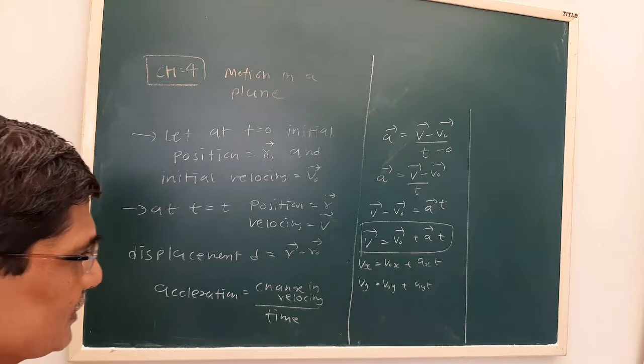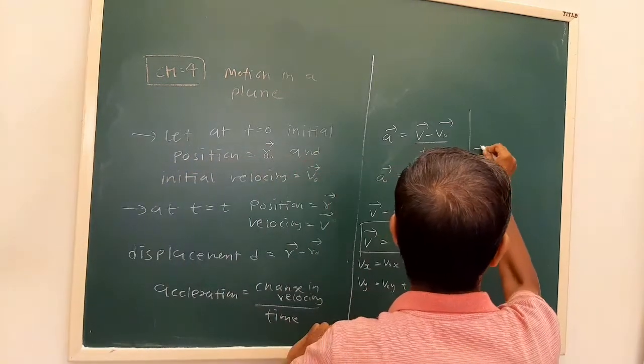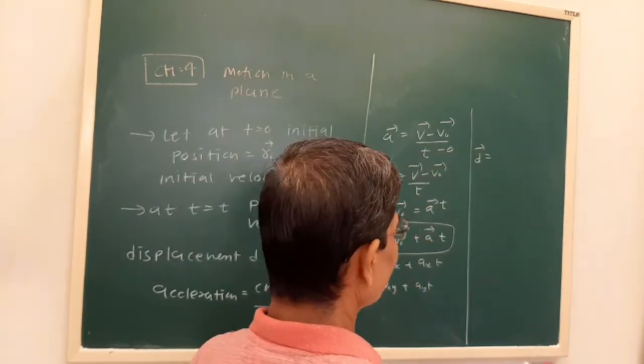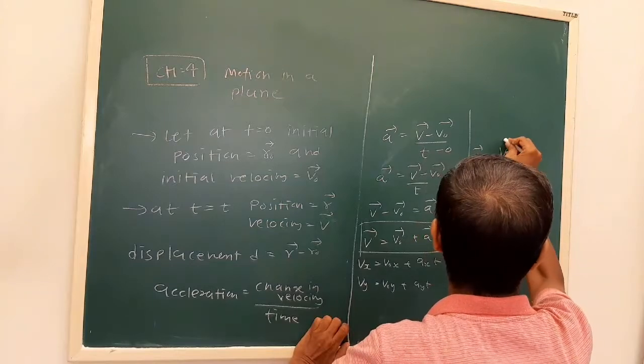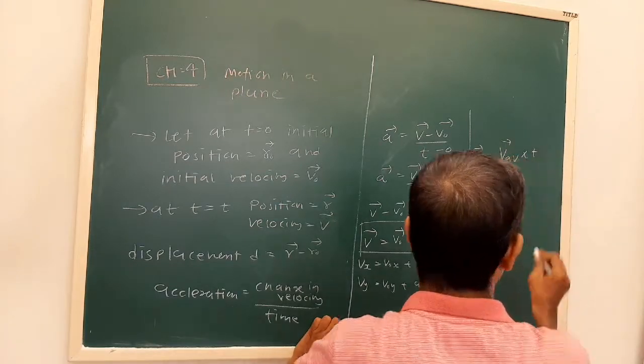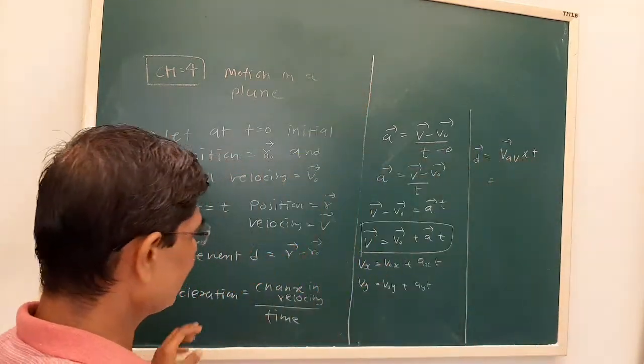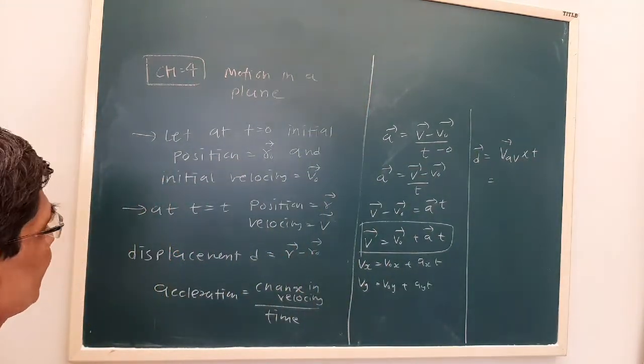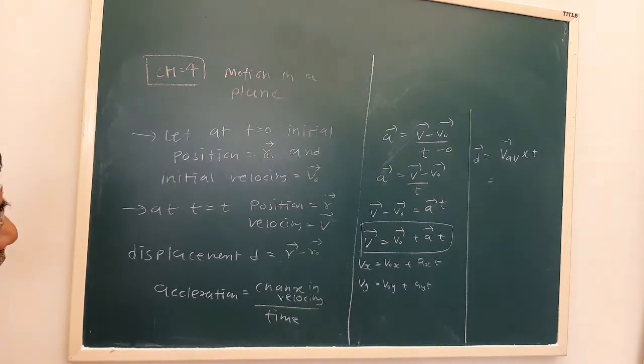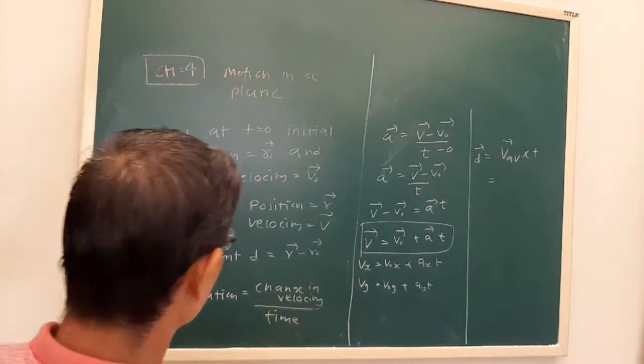Now the displacement d is average velocity into time. What is average velocity? Here the motion is with uniform acceleration. Motion is with the uniform acceleration.